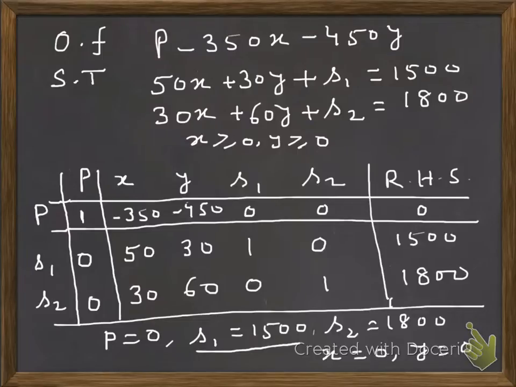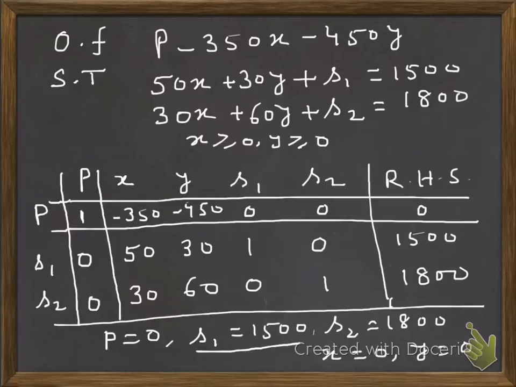You know that 350 and 450 are profits on product A and product B. So it is possible to increase the present profit value from 0, because if you produce product B, which is more profitable, 450, or product A, which has profit 350, in both cases profit will improve.